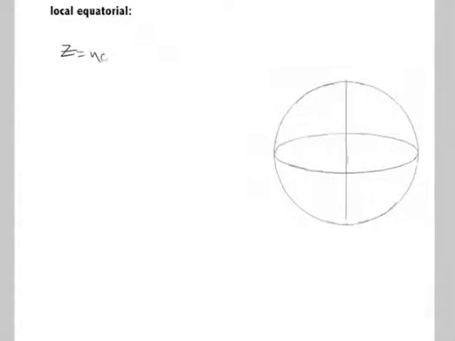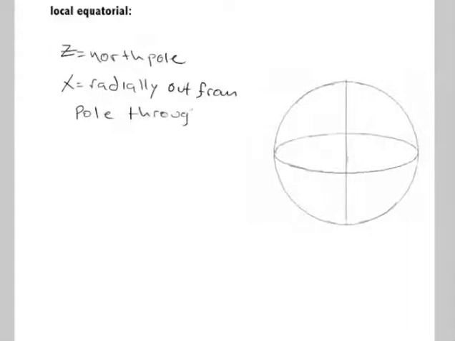Z equals North Pole, x equals radially out from the pole through your longitude on Earth. And y is east.